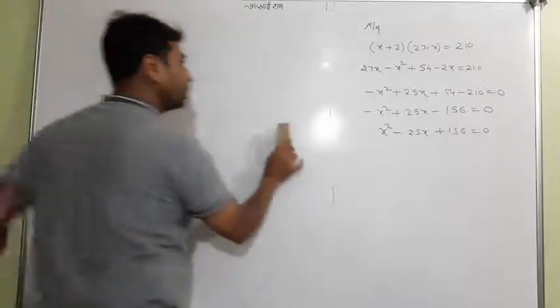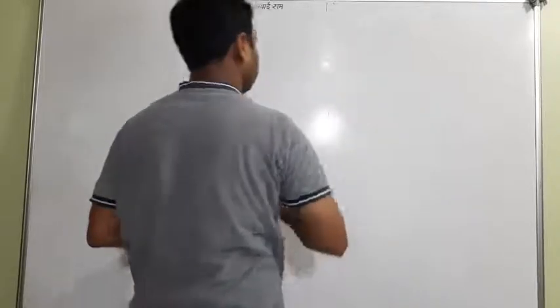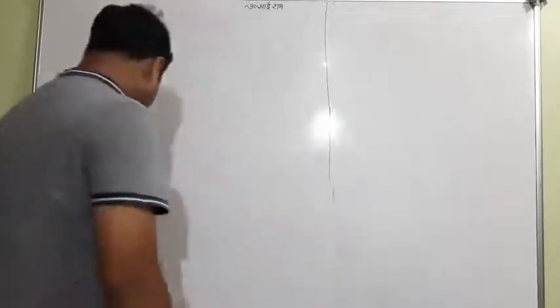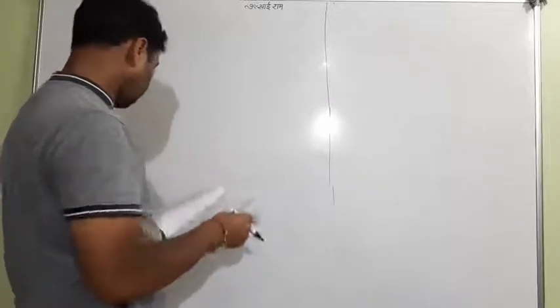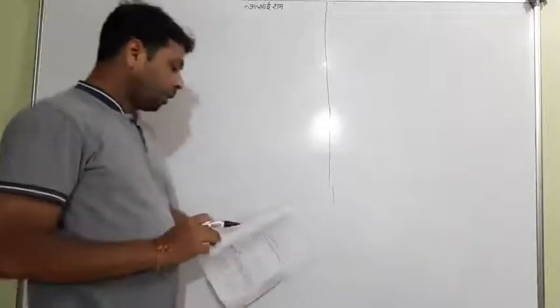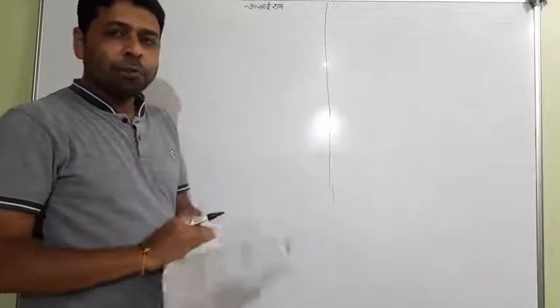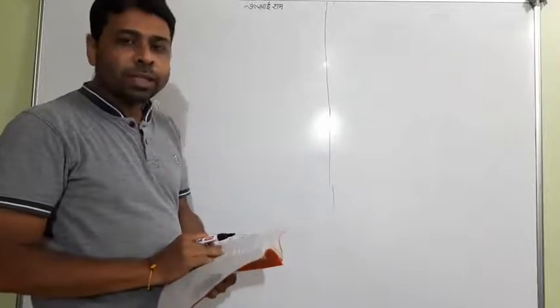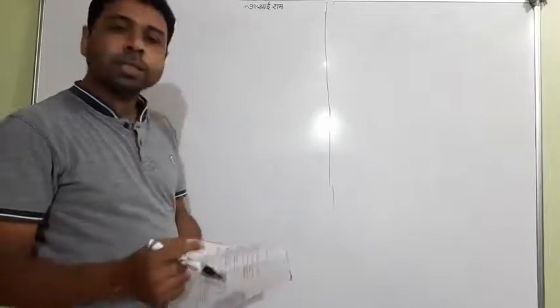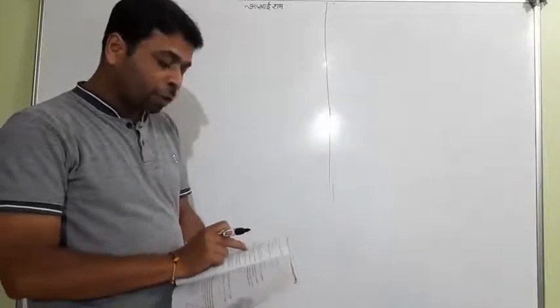Now the next question is question number 7. What does it say? The difference of squares of two numbers is 180. This is the question where we cannot take a single variable, because the difference of squares of two numbers is 180.